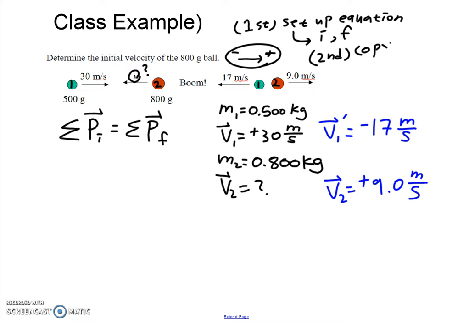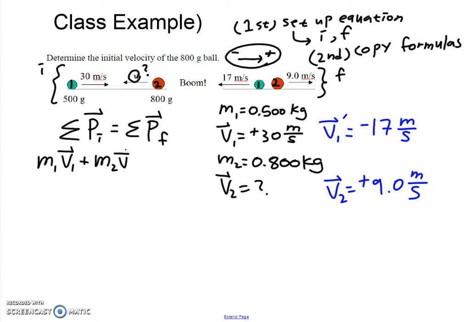Generally, I copy formulas and put them inside of the equation that I set up accordingly. What I mean by that is, in initial situation, which is what's going on in here, that's initial. What's going on the right side, that's final. So technically I have mass 1 momentum, mass 2 momentum.